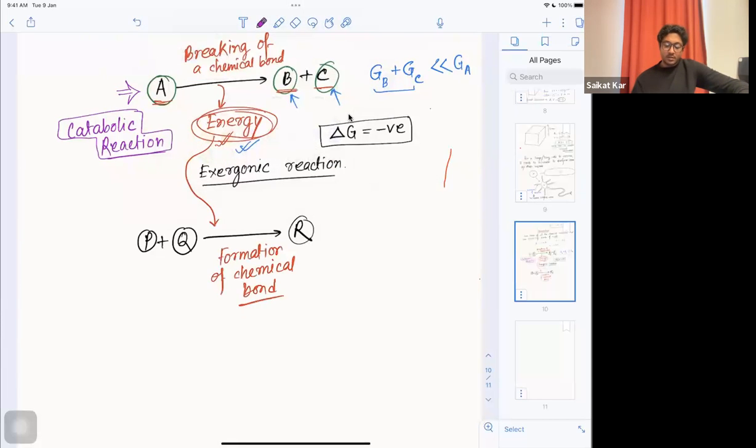And now in this type of reaction, the Gibbs free energy of R is obviously more than the Gibbs free energy of P and the Gibbs free energy of Q, because we have an extra supply of energy. So obviously delta G becomes positive here.